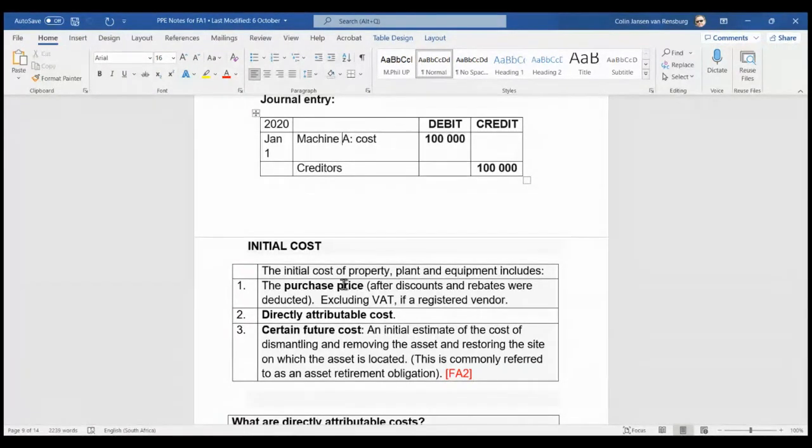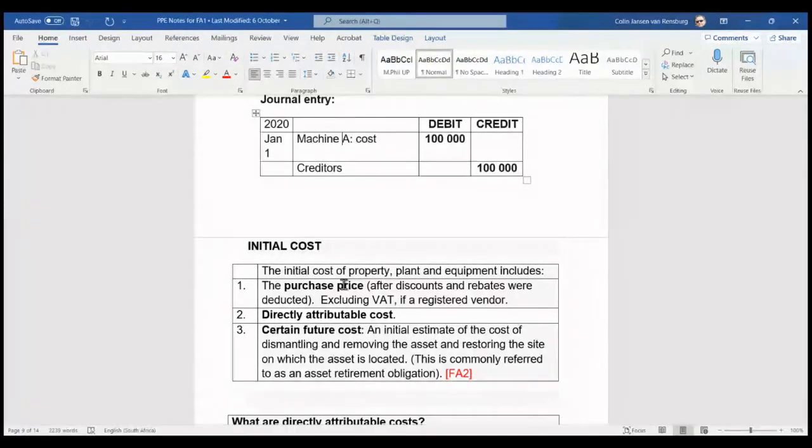As we've seen last week, if your business is a registered VAT vendor, then the value added tax is not a cost to your business because you can claim it back from the revenue service. So therefore, it is not included in the purchase price. However, if your business is not a registered VAT vendor, then value added tax is a cost to your business. Then you will include it in the purchase price.